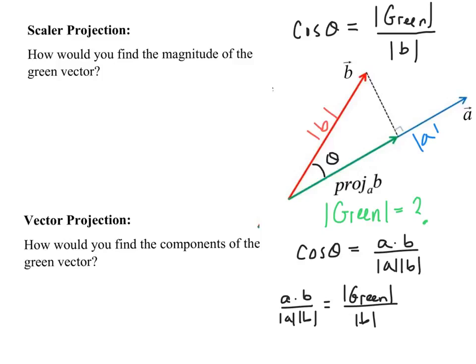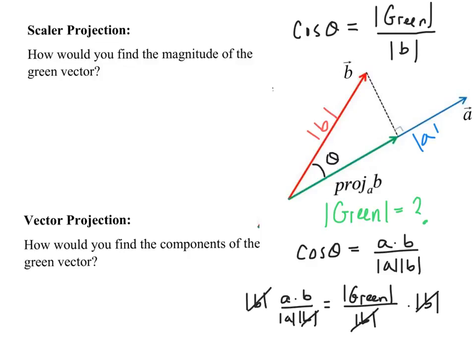And remember, we were trying to calculate how long the green projection would be. What is this length when B is dropped down onto A? Well, easy enough to solve. We could multiply both sides by the magnitude of B. And there's our formula.